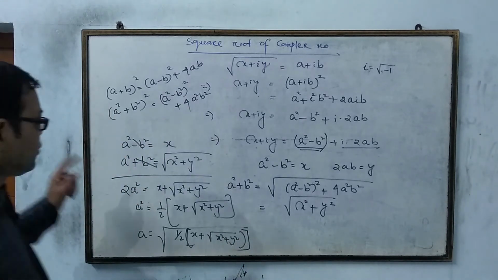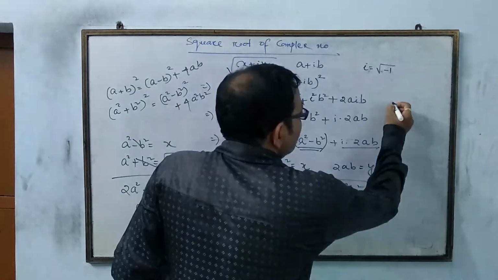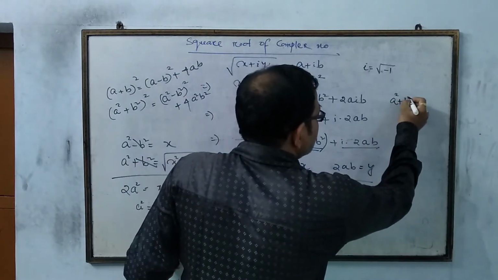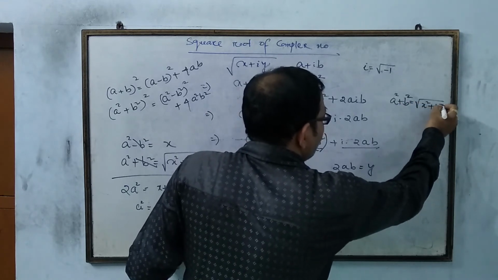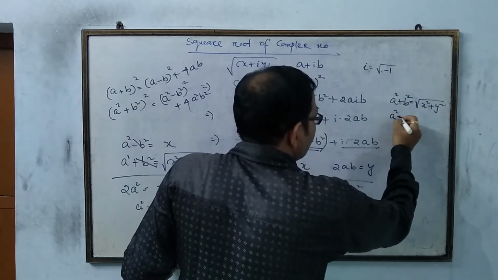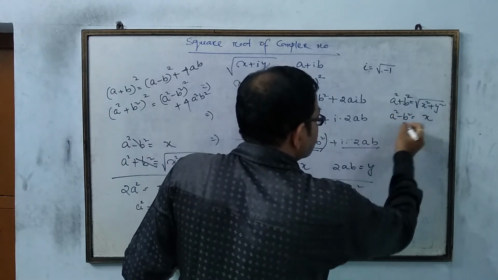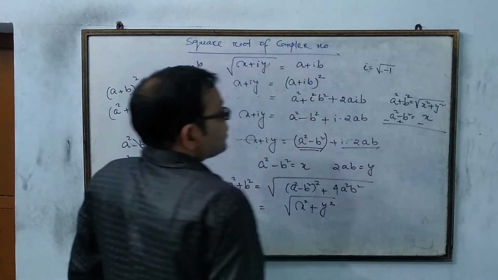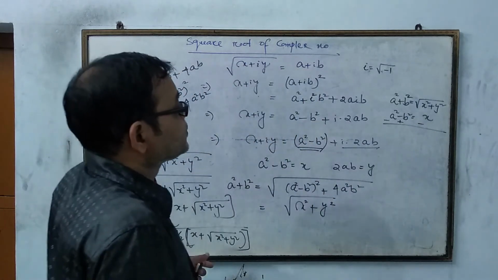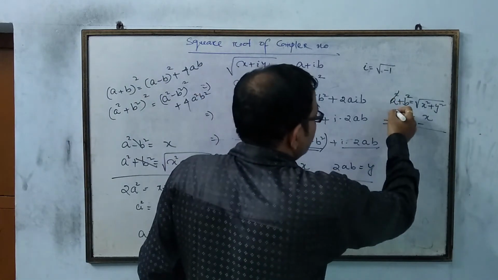How to find the value of b? A square plus b square, we are taking root over of x square plus y square. A square minus b square, we are getting x. If I subtract these two, then a square minus a square would be cancelled.